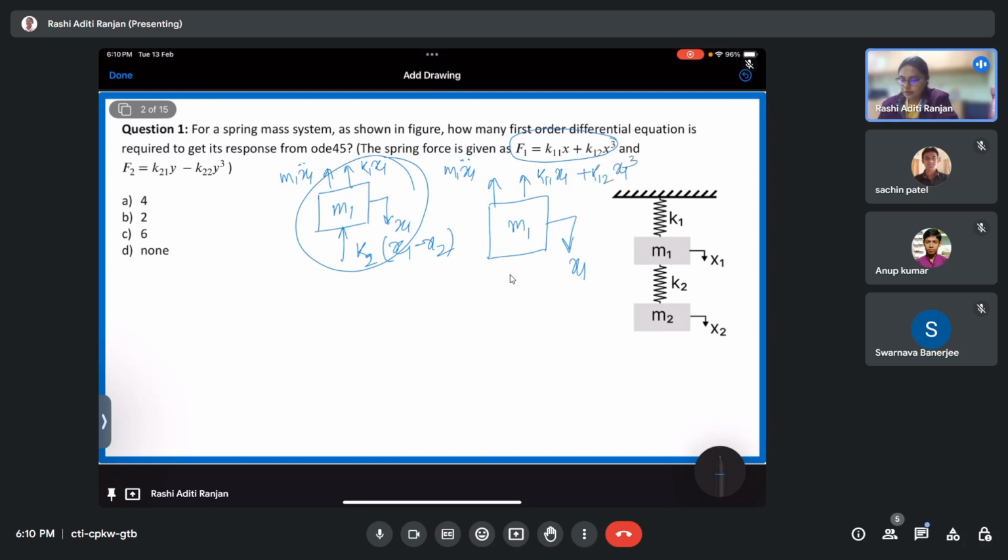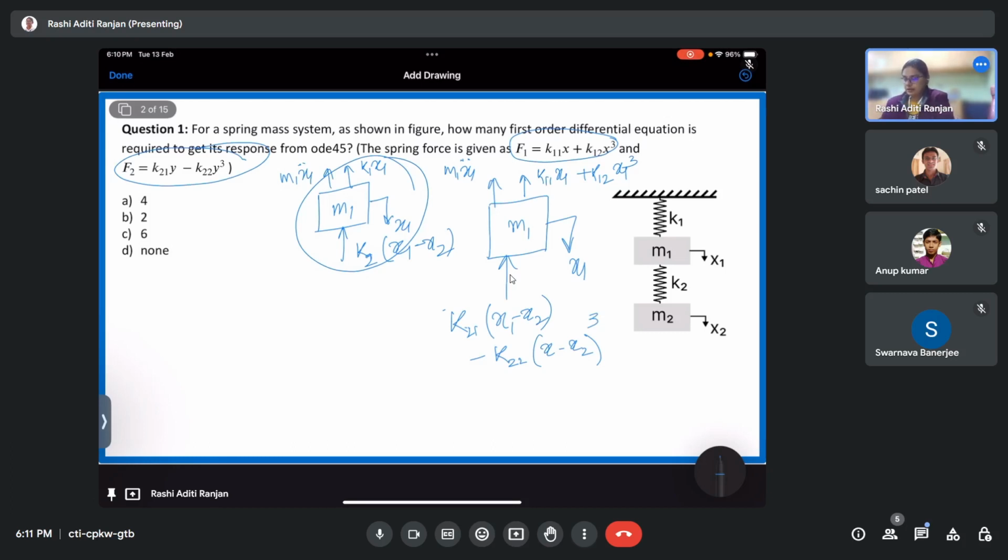Apart from that, for the spring K2, it will be taken from here: K21 into (X1 minus X2), which is the relative displacement, minus K22 (X1 minus X2) cube. Correct.